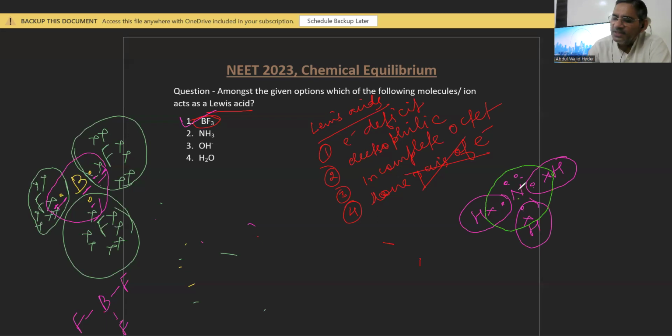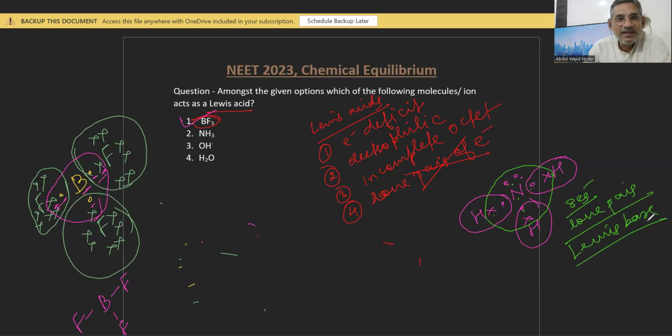And see here, this nitrogen is having 2, 4, 6, 7, and 8. 8 electrons are there. Out of these 8 electrons, 1 lone pair is also there. So it's a Lewis base. It's not a Lewis acid. It's a Lewis base. And since it is electron rich, lone pair of electrons is there, so it will be nucleophilic in nature. So it's a nucleophile.